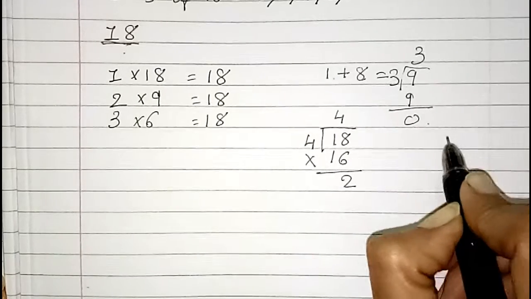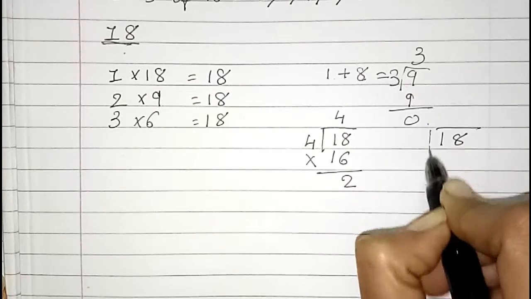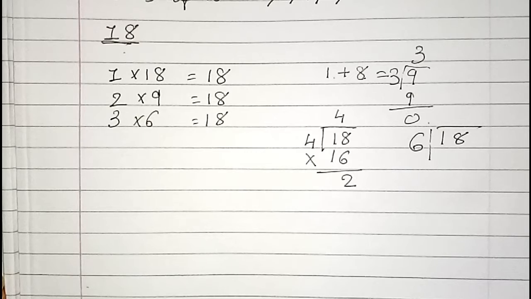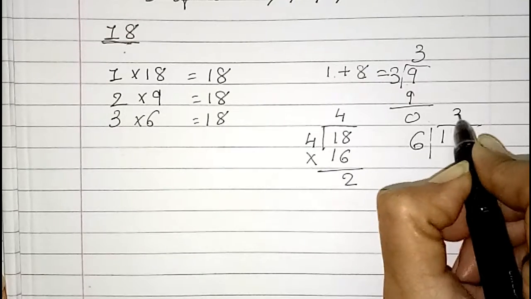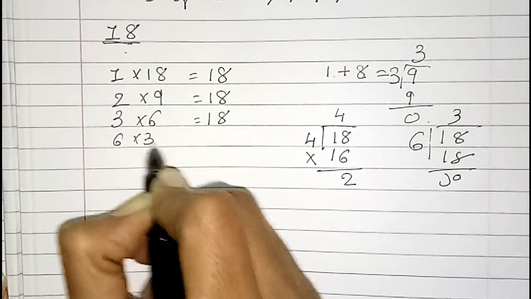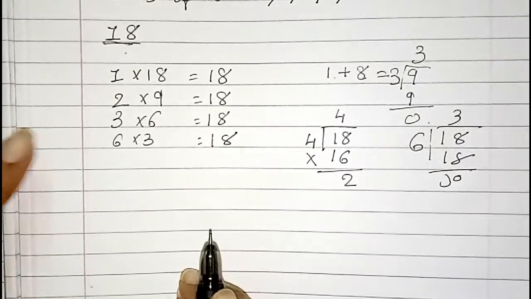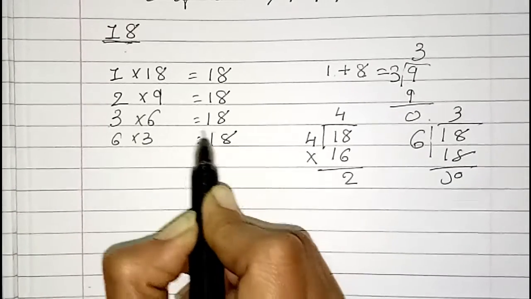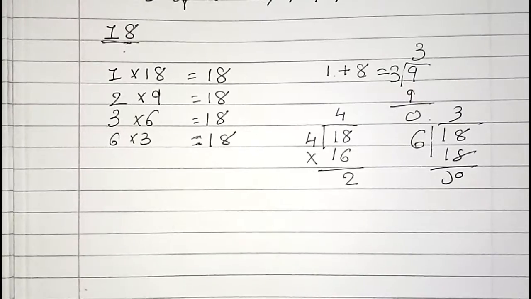6. Divide 18 by 6 and see. 6 2s are 12. 6 3s are 18. Same number repeated: 3 6s are 18, 6 3s are 18. So we have to stop.